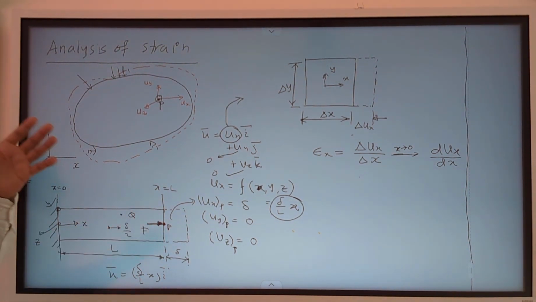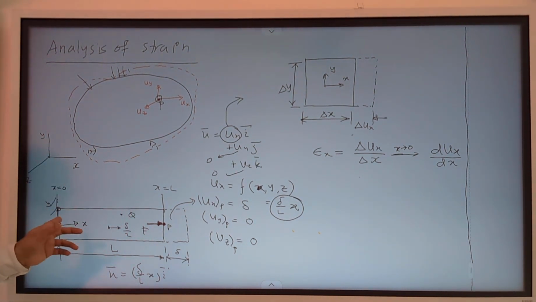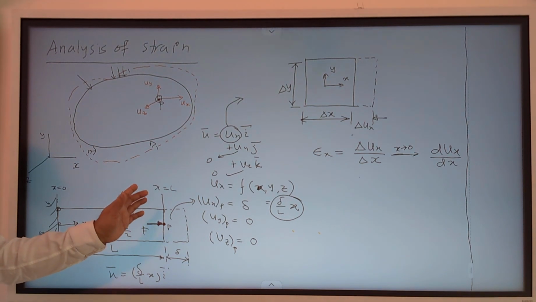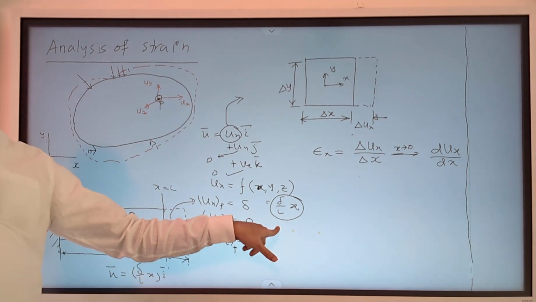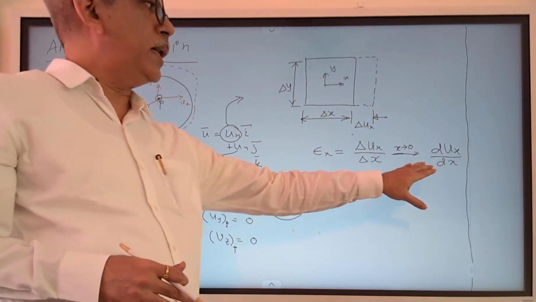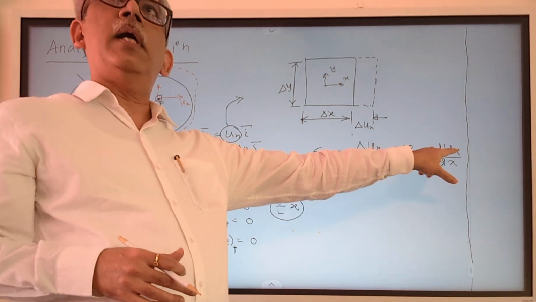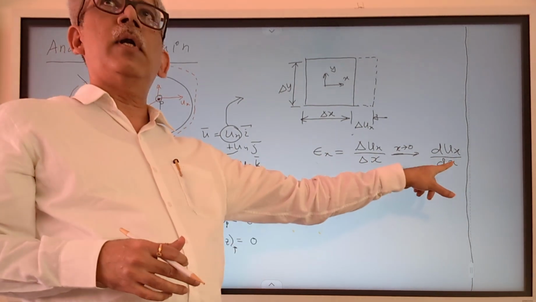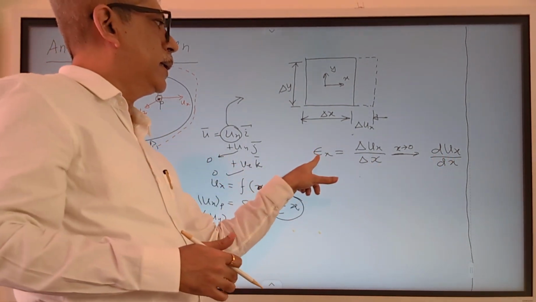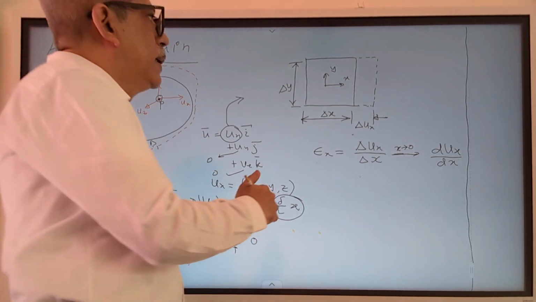So till now you were imagining strain only at the free end. Now you come to know that anywhere for this problem, the strain remains the same, and that is given by delta by L. In this case, and in general, for any body whose displacement field is known, the linear strain is given by this particular definition. These are called linear strains.